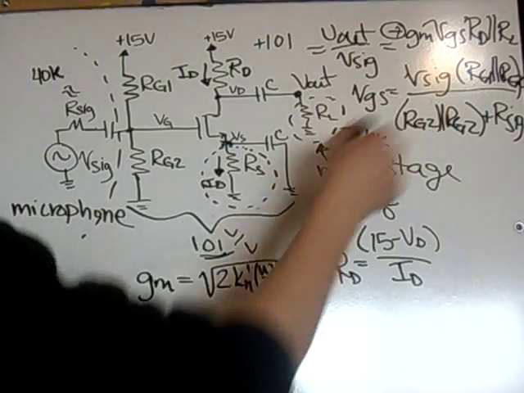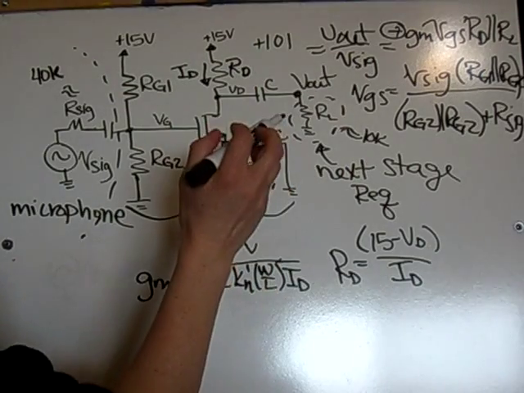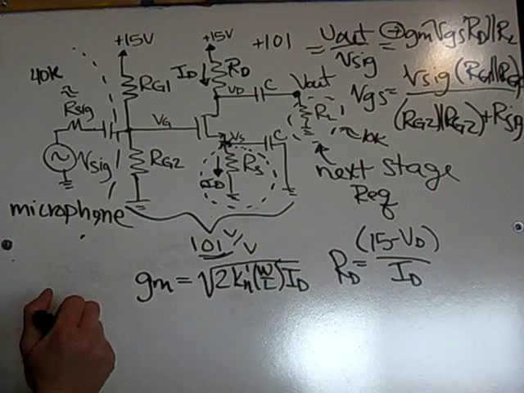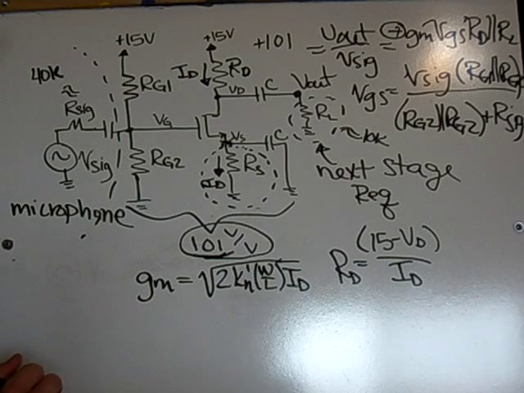Then I can put this into MATLAB or use an Excel spreadsheet and play around with these values. Doing that, I saw that it's going to be really difficult to get this to be 101 volt per volt gain.